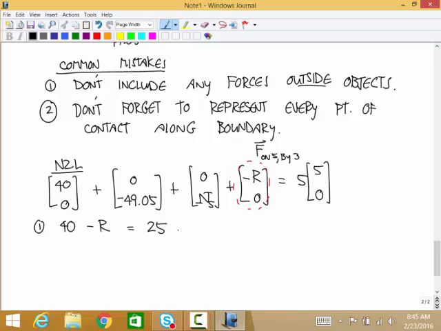Solve for r, and you get r is equal to 15. And so the force vector on the 5 by the 3, plug that in here, and it's equal to negative 15, 0 newtons.